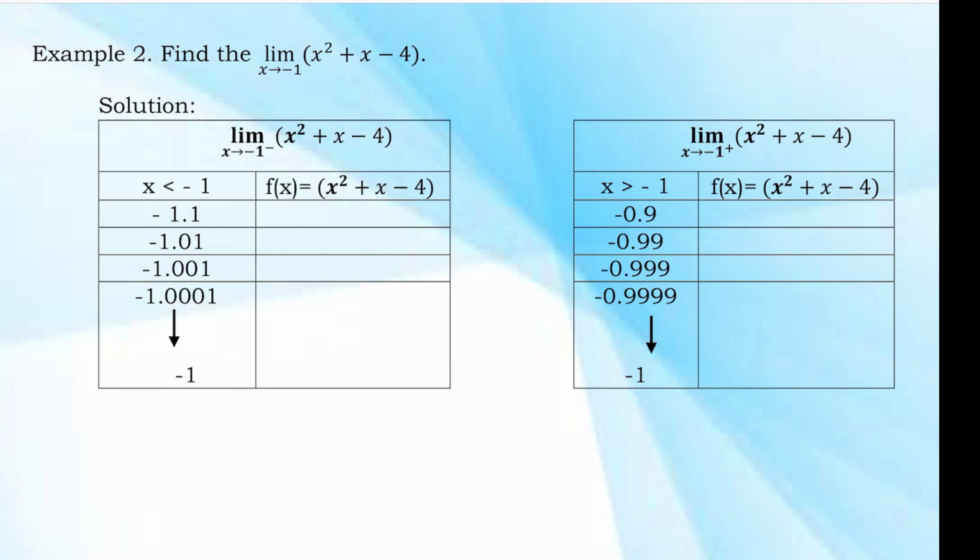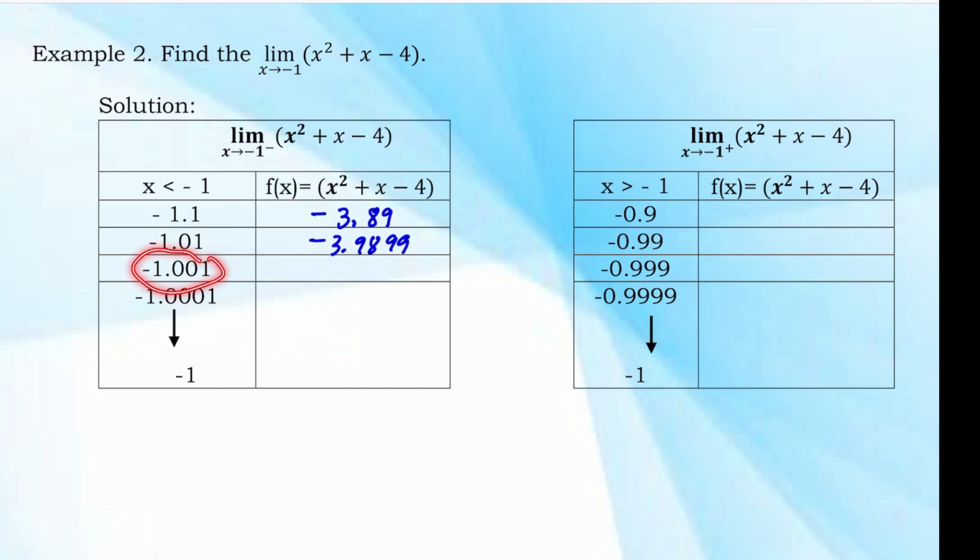So if we're going to evaluate the function using negative 1.1, the function is equivalent to negative 3.89. If we use negative 1.01, that is equivalent to negative 3.9899.